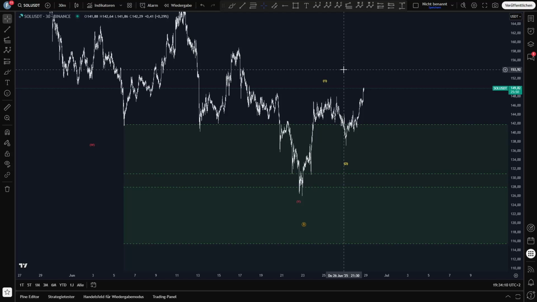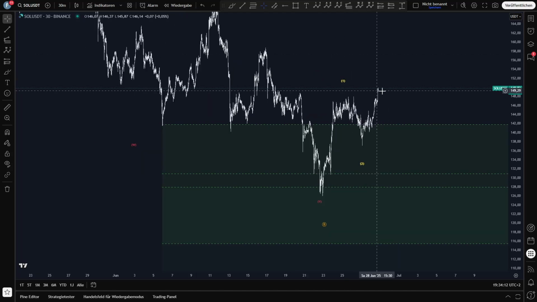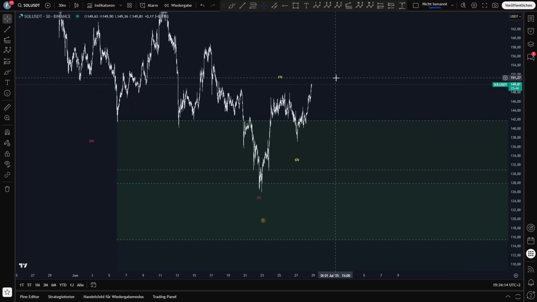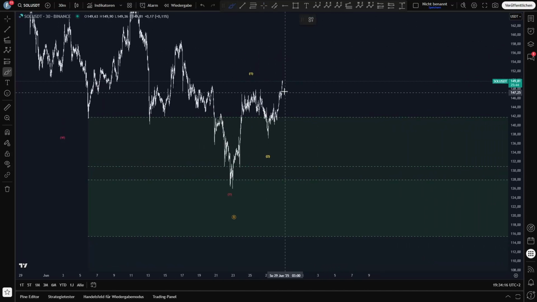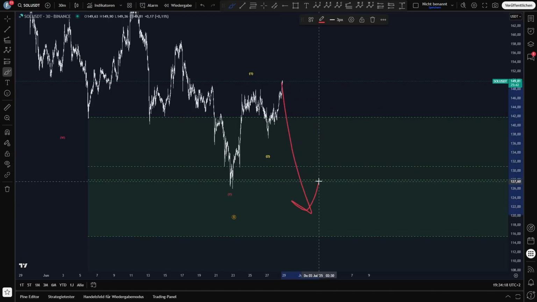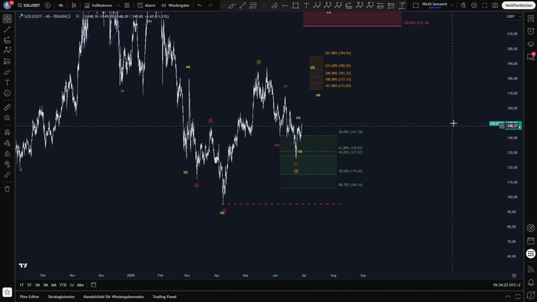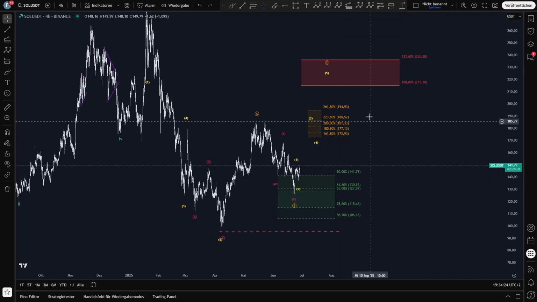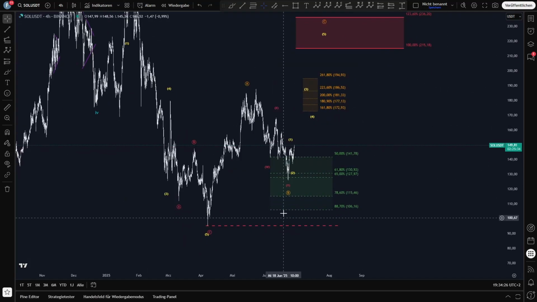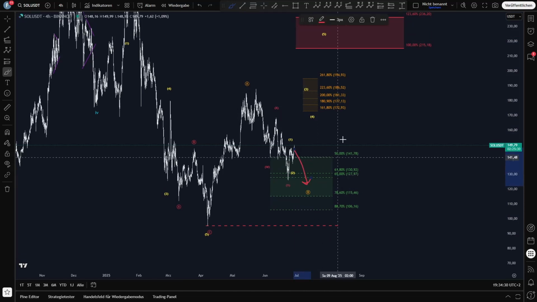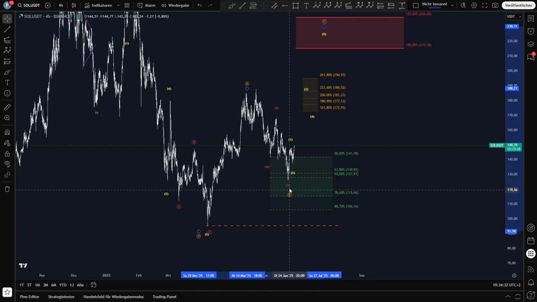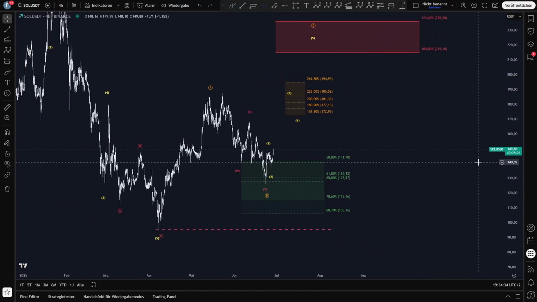If we only see a 3-wave move, the possibilities are very high that we can see another low. So I can't say that we are clear right now in this C wave. We can also be in this B wave and see another low here. So you need to be cautious right now.